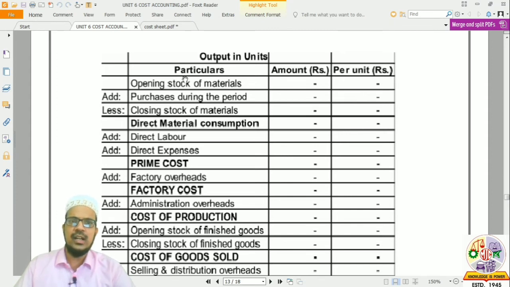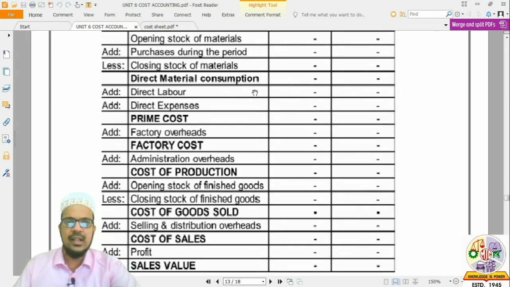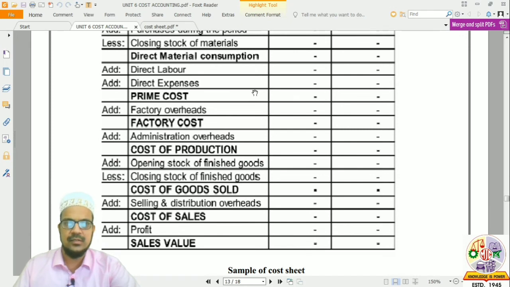So it should contain at least 3 columns. A standard cost sheet will contain 3 columns: a column for particulars, a column for amount, and a column for per unit amount. Now the cost sheet has been divided into various parts.